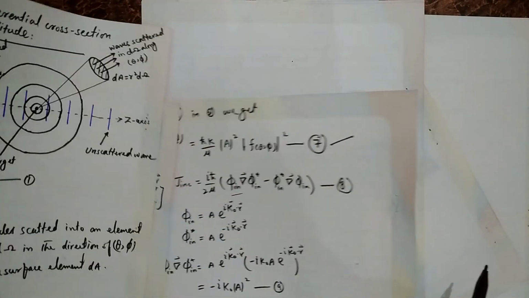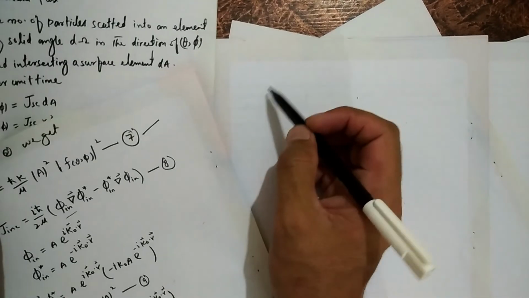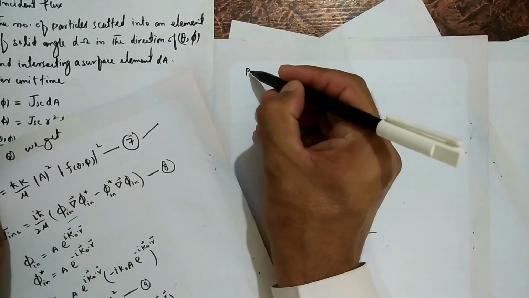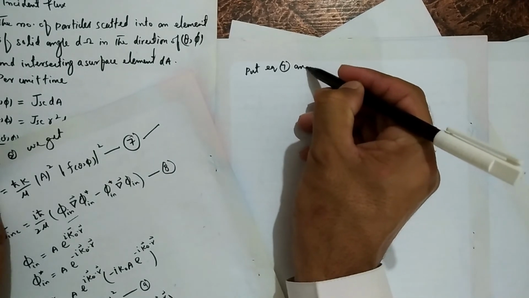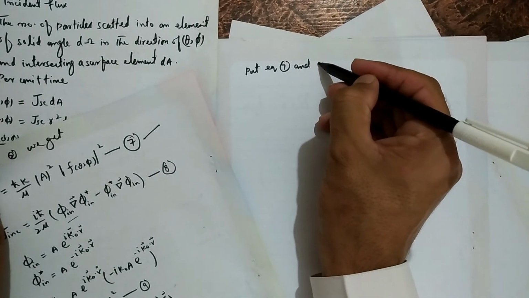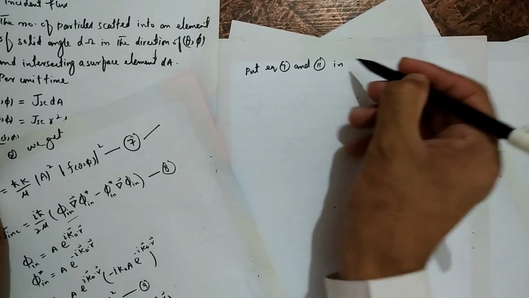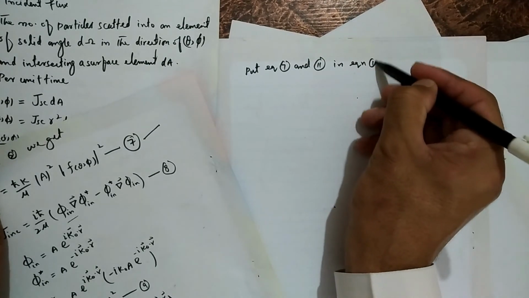Therefore now we have to substitute them in equation number 1, putting equation number 7 and 11 in equation number 1.